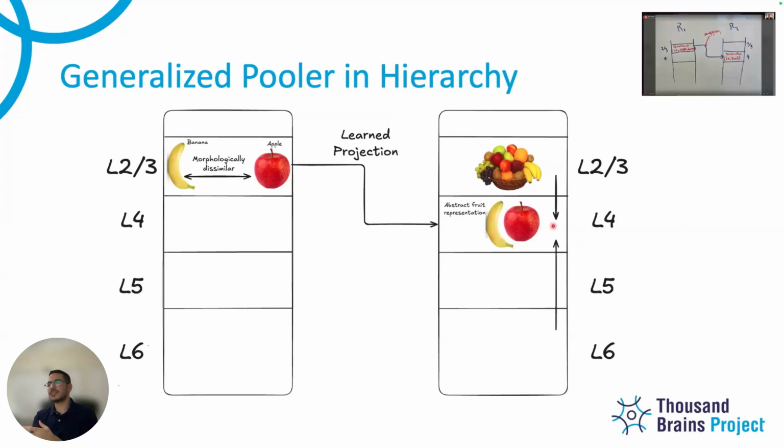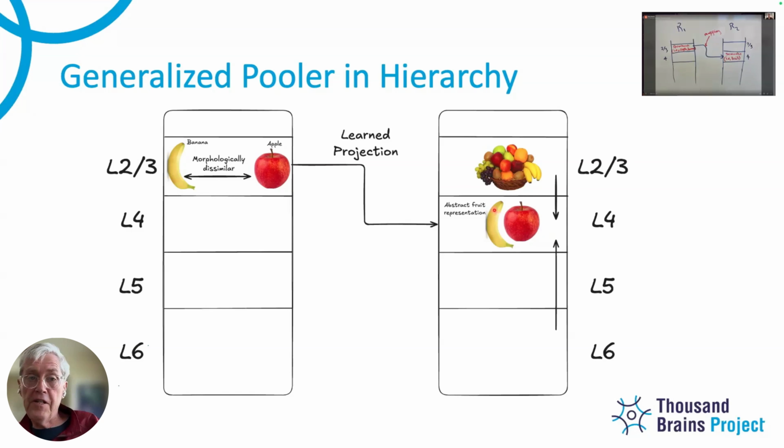The end product here is that the SDRs for a banana and for an apple are very close. They're overlapping. They have some semantic meaning because they're interchangeable as fruit. Let me step that back. Once you've entered layer 4, Ramy, there is no SDR for banana and there's no SDR for apple. The SDR that's formed in layer 4 is in the context of the fruit bowl or whatever you want to do.